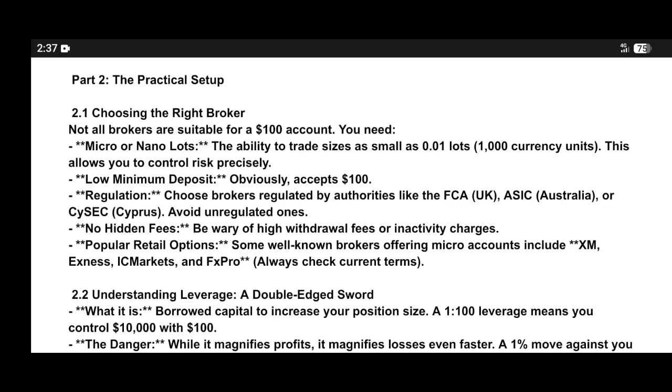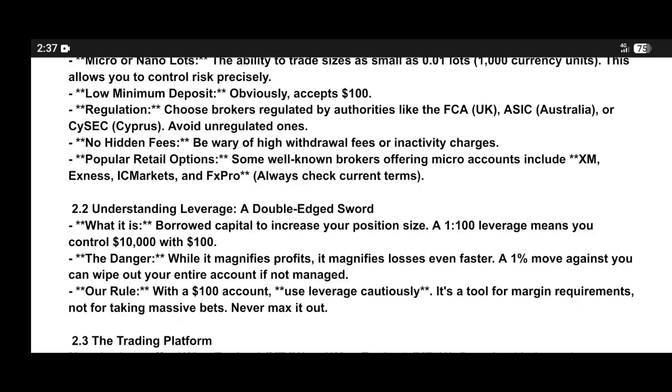Then the next thing you need to know is understanding leverage, which is a double-edged sword, because leverage amplifies your gains and also multiplies your losses if you're not careful. It is borrowed capital used to increase your position size. A 1:100 leverage means you can control $10,000 with $100.